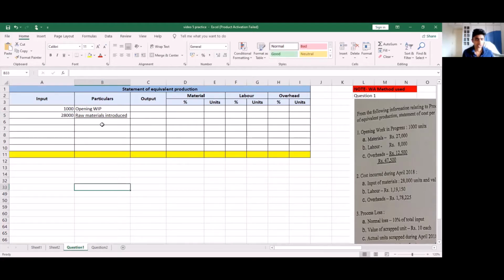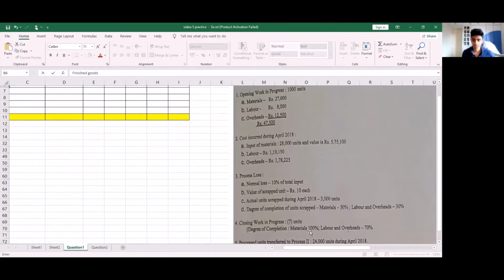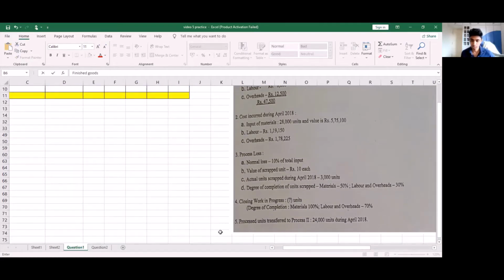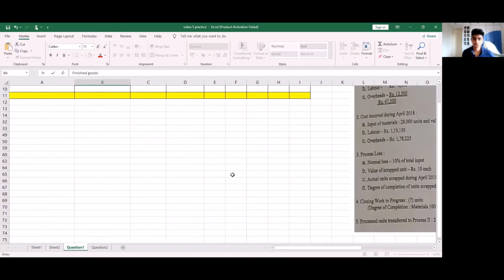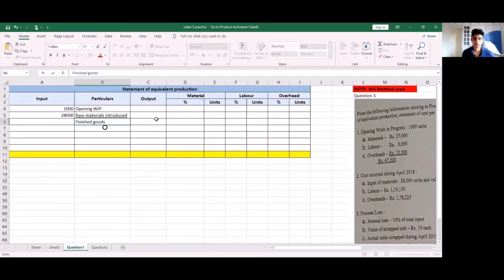Next, these 28,000 units will go on to become our finished goods. Let's see what quantity is given for finished goods. It is given that processed units transferred to process 2, 24,000 units. So the number of units transferred to process 2 is our finished goods and it says 24,000.